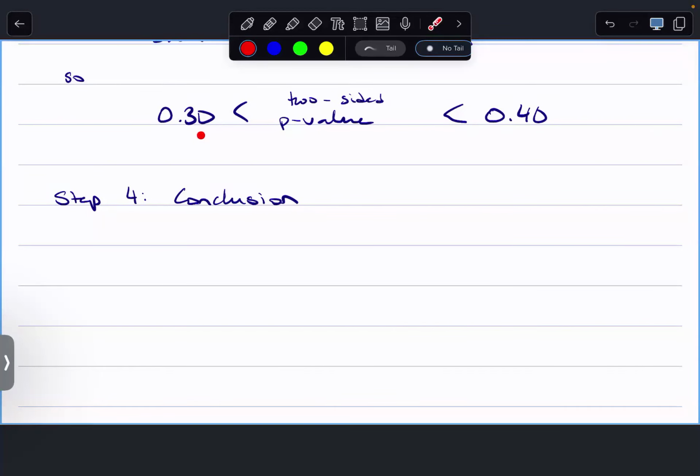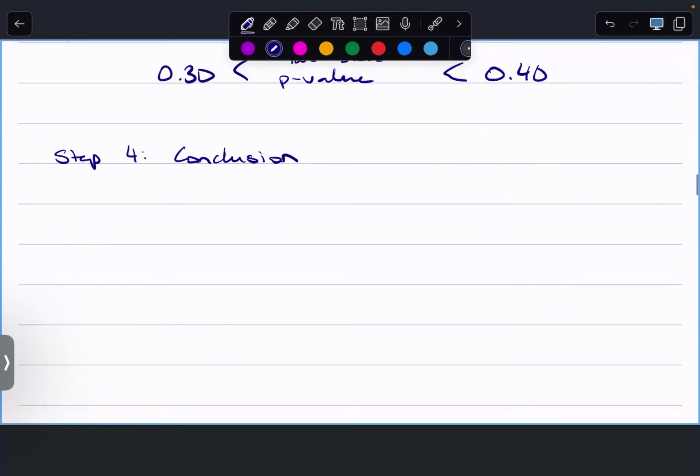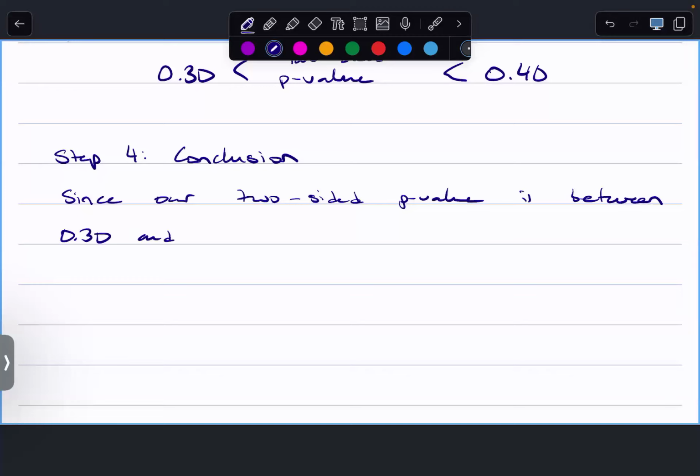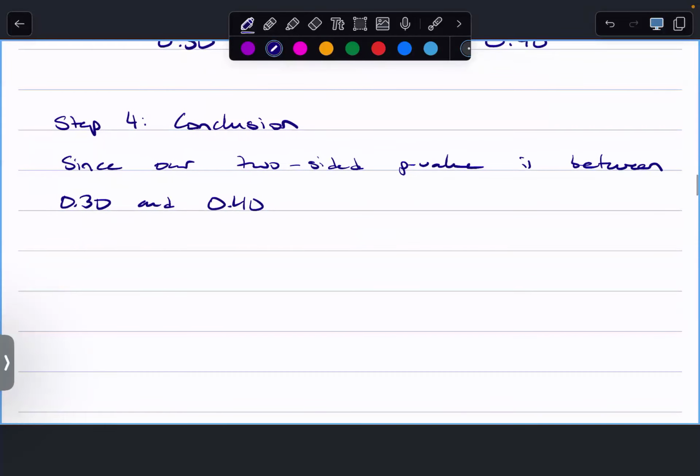Neither of these are less than 0.05, and so our p-value is not less than 0.05. So we say, since our two-sided p-value is between 0.30 and 0.40, right? No harm in saying what it is. And I want to see that.